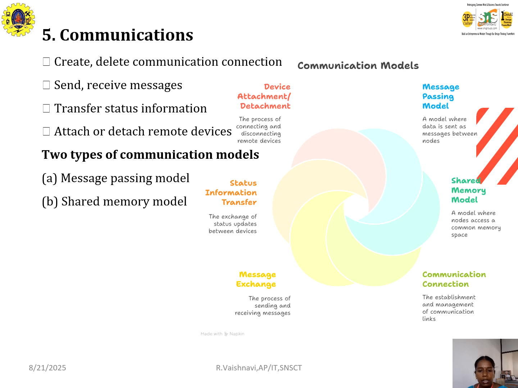In status information transfer, we can exchange the status updates between the devices. And in message exchange, it is the process of sending and receiving the messages. In the communication model, we have two types. First one will be the message passing model. Second one will be the shared memory model.